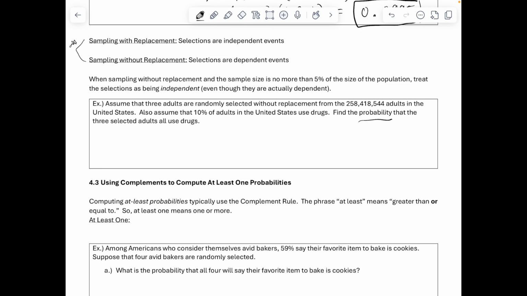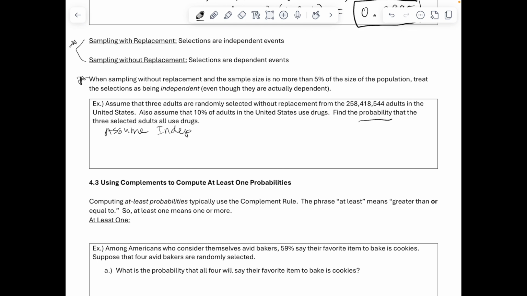So we're able to treat this as independent. I'm going to say assume independence, due to the fact up here that the sample size is no more than 5% of the population, and 3 people is a very small percentage of 258 million.